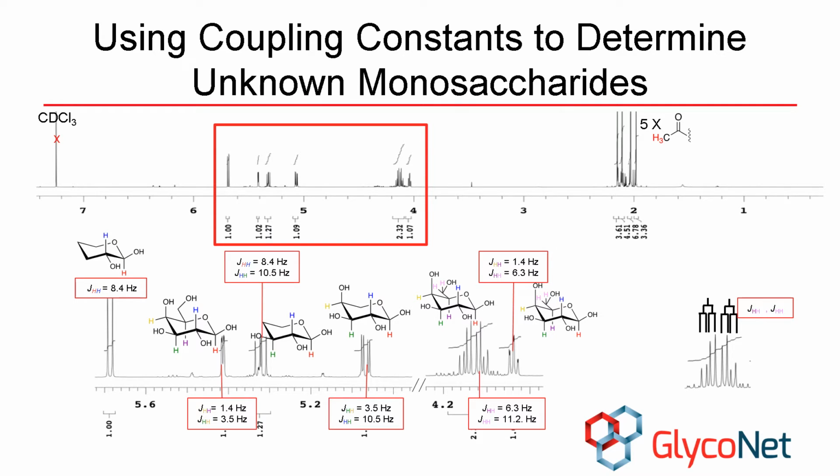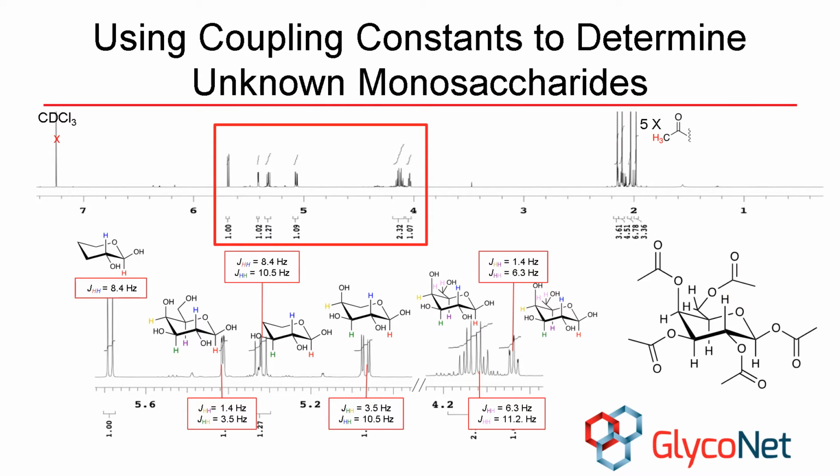Each peak has one coupling constant of 6.3 Hz, which is representative of the interaction between the pink and purple protons, and one coupling constant of 11.2 Hz, which is representative of the geminal coupling between two pink protons on the same carbon. If we put all of this information together, we see that our unknown carbohydrate is the one shown on your right-hand side of the screen.